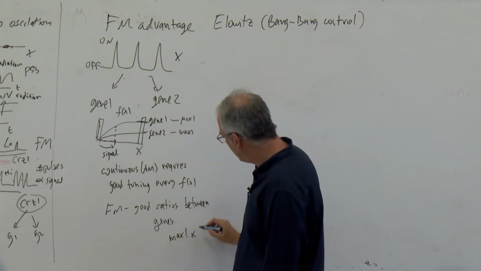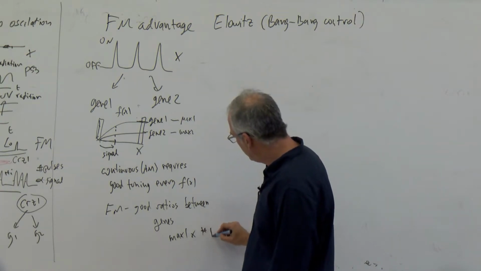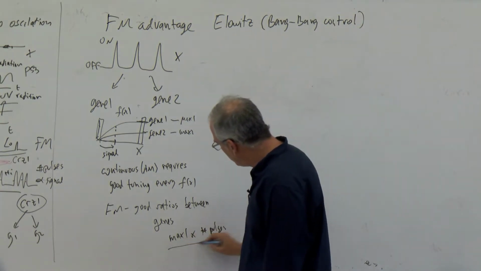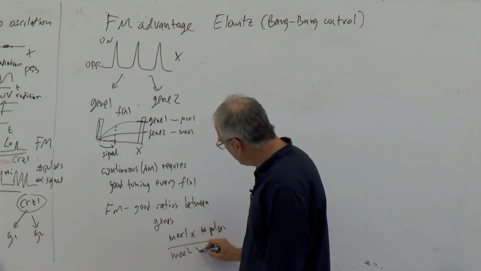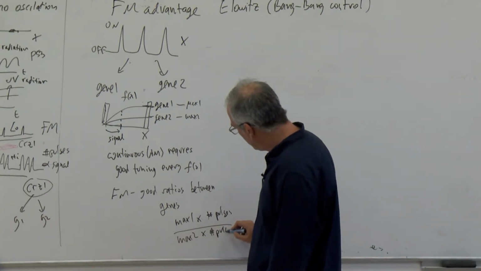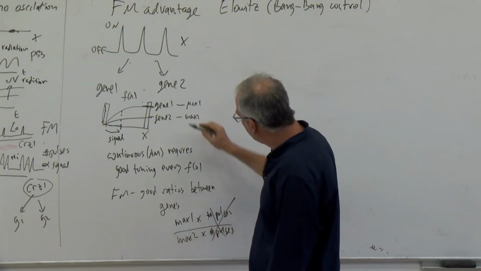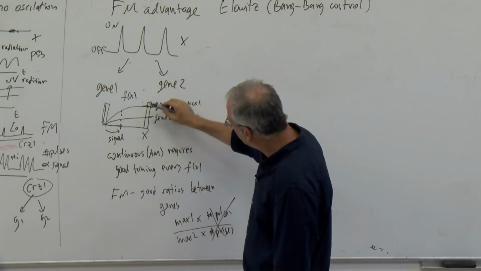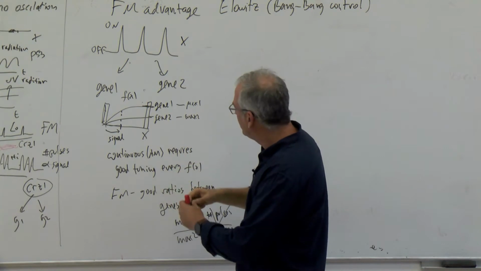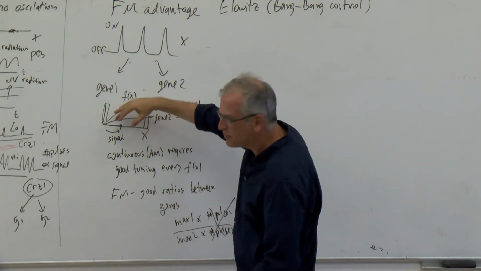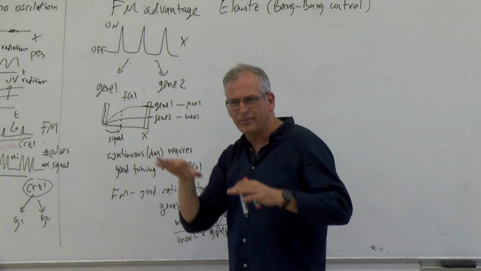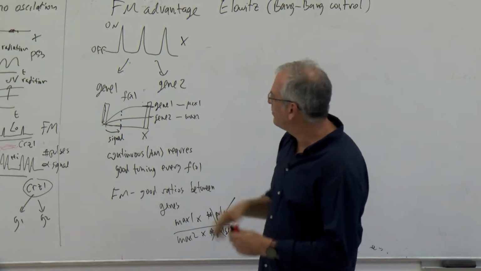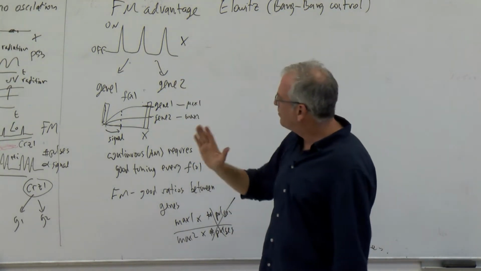Max 1 times number of pulses divided by max 2 times number of pulses. And you just get that the ratios are not dependent on all the shape of this function, which could be quite elaborate. So this is an idea about why bang-bang control works.